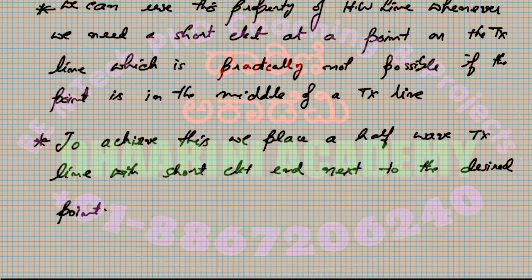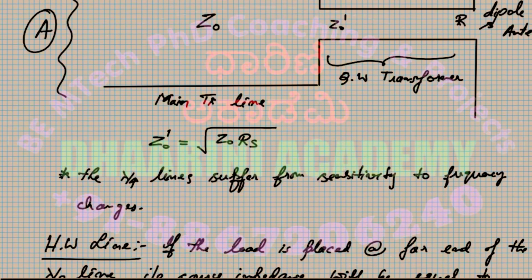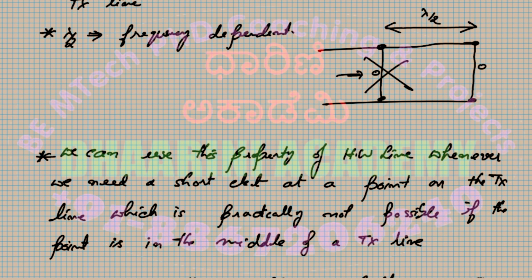This is the option. We can see on the right hand side of the transmission line, I can place the short circuit. I don't want to write a 0 here, so let me make it as SC, short circuit.